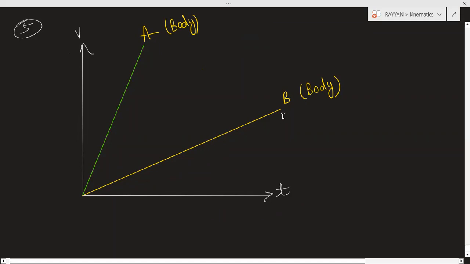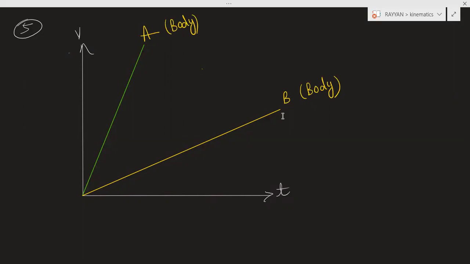The graph of body B is this. We have to tell which body will have the more acceleration, A or B?